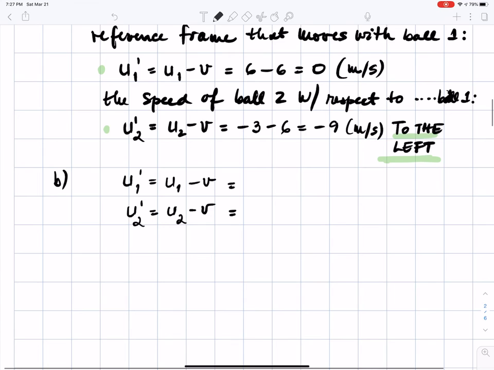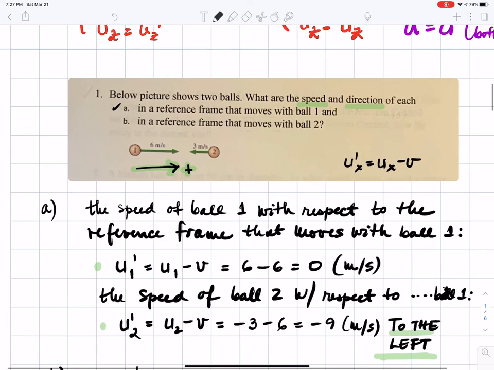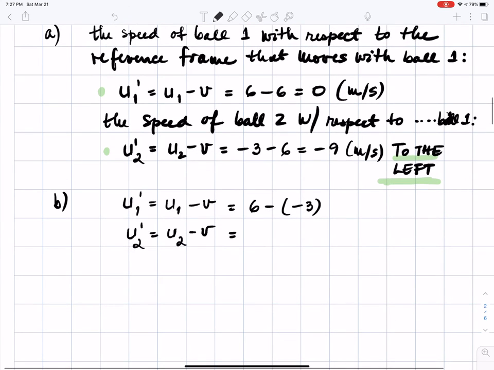So in the first case, we're going to have 6 minus negative 3, because our negative comes from the fact that this moves to the left. This becomes 9 meters per second, since a negative in front of a negative gives you that. So this will be to the right.